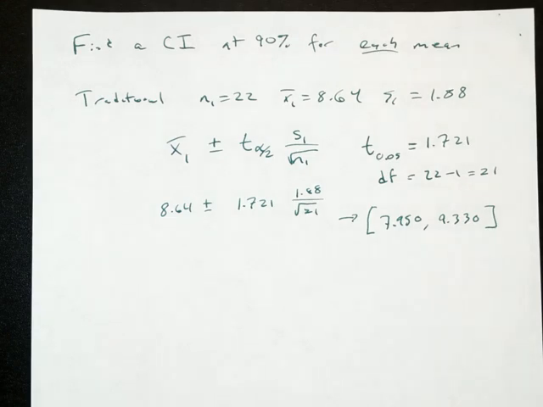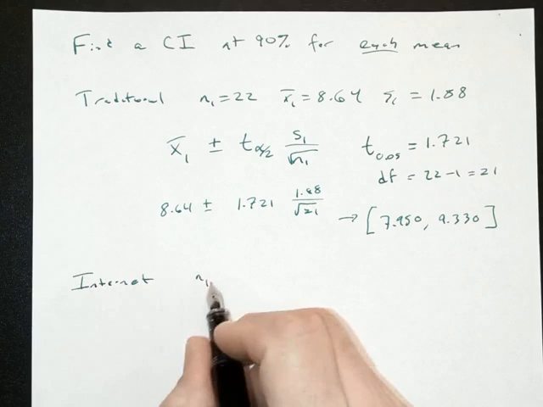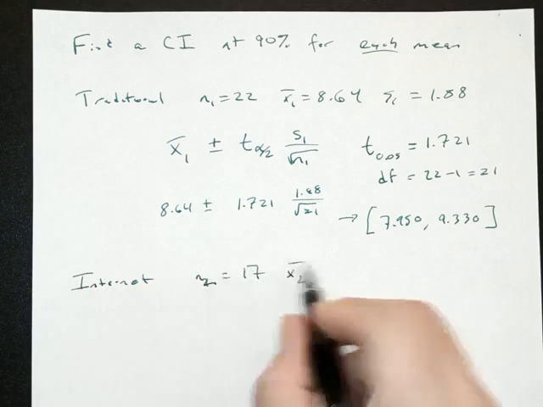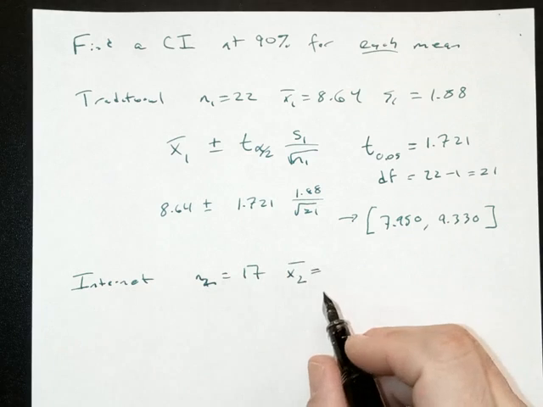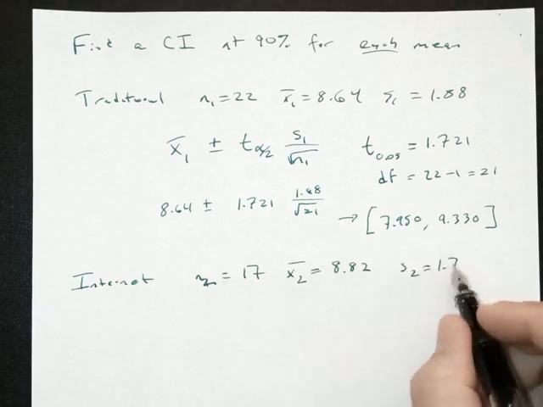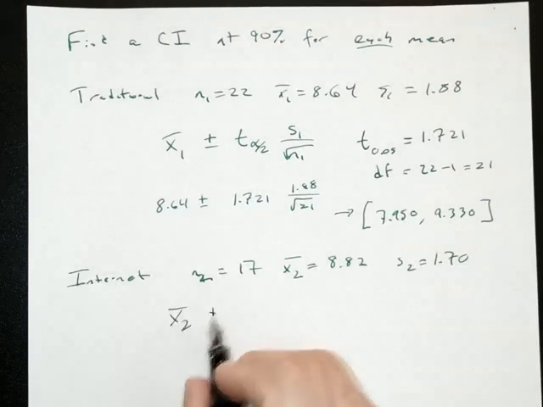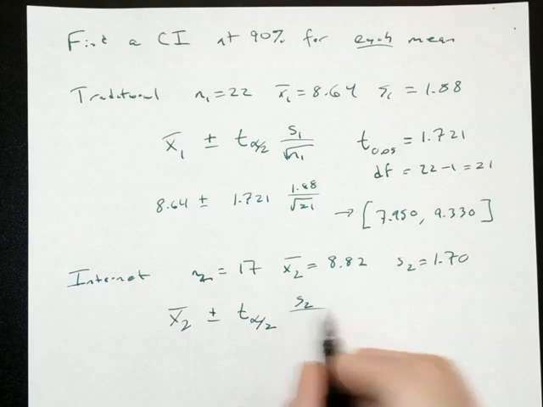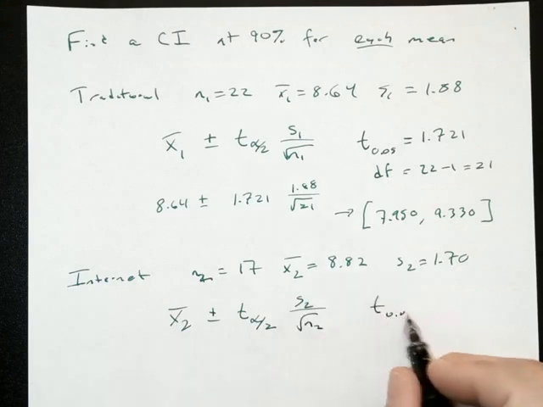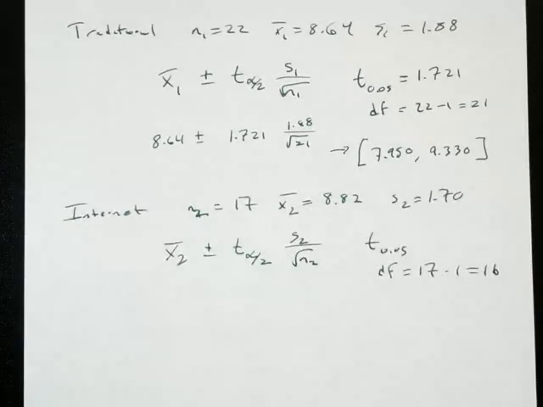When I do this again for the internet group, I need a different t-value because now the population size is different. This time my degrees of freedom is 16.